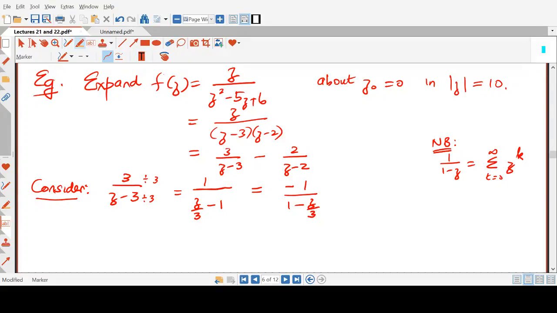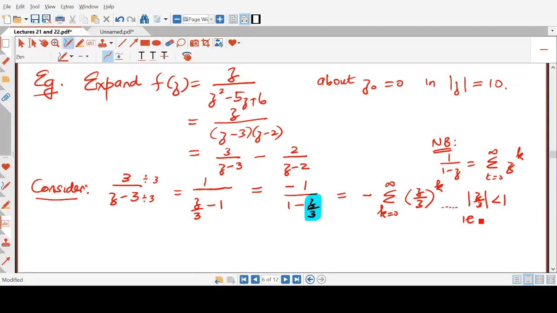Things have switched around. And this will be minus sigma of z over 3 to the power k, k equals 0 to infinity, provided that the modulus of z over 3 is less than 1. In other words, the modulus of z is less than 3. That is valid inside the circle modulus of z equals 3.